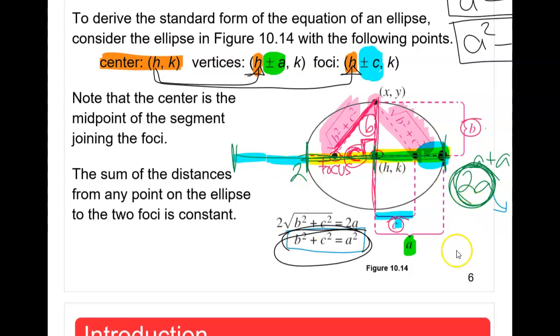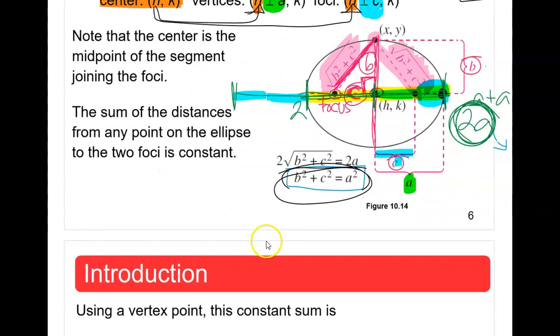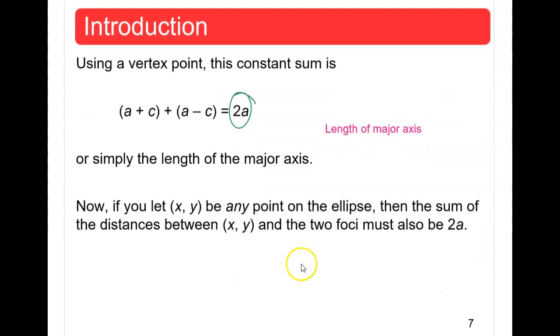And so sometimes that could be useful to find the center of the ellipse, because if you know what 2A is, the center will be exactly the midpoint of that length. So you'll have to do some subtraction, division, or actually adding the coordinates, finding the midpoint, but we will go over those formulas.